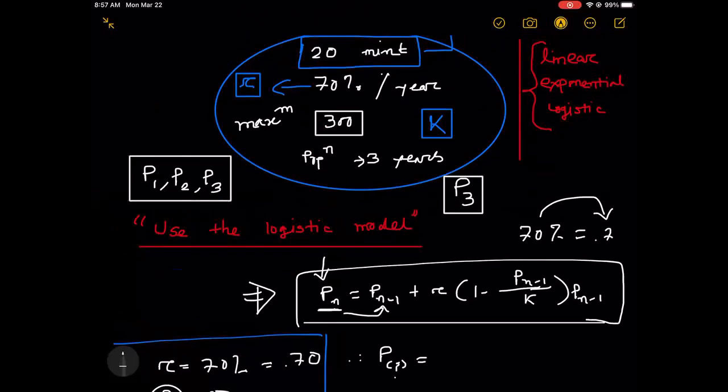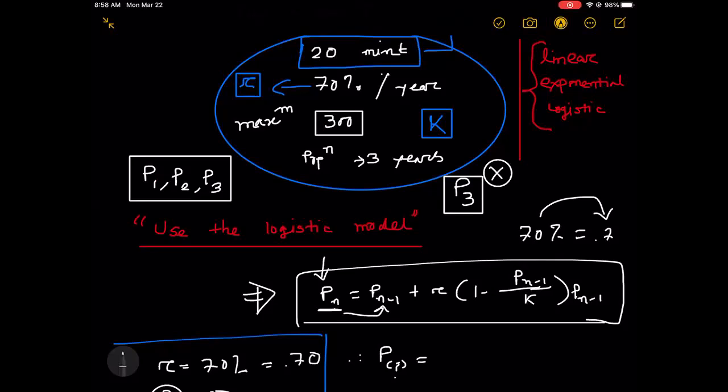Now, is the question clear? We are not really looking for P3 straight away. Again, that's another important thing: understanding the question does half of your job. Probably more than half, if you just know the model.